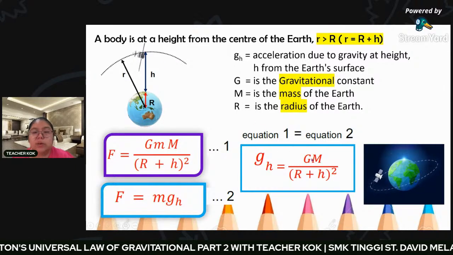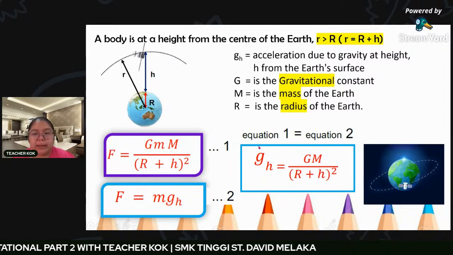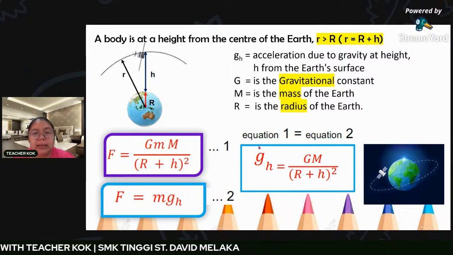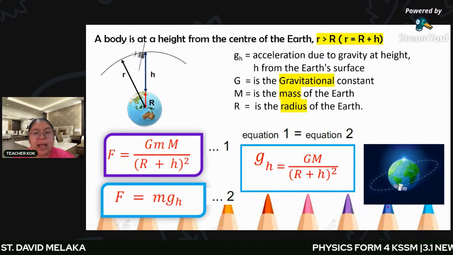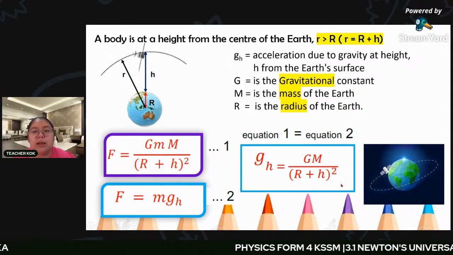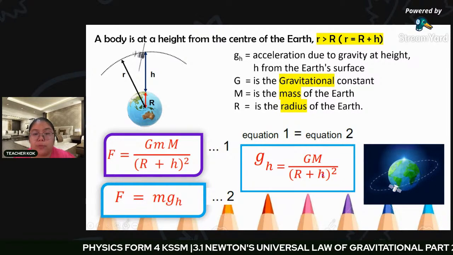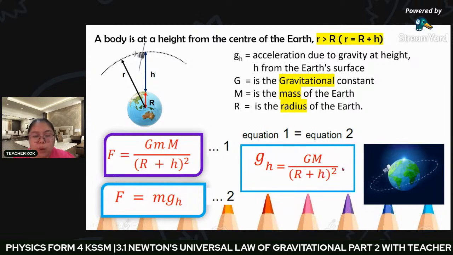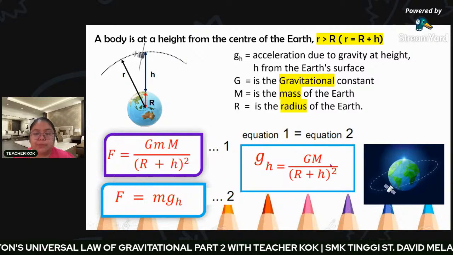This is also a gravitational acceleration, but this one is for the satellite. Just now that one was at the surface, and now it is at the satellite a bit far, so we need to add h. Actually the formula is the same: one you don't need to use h, the other you need to use h.